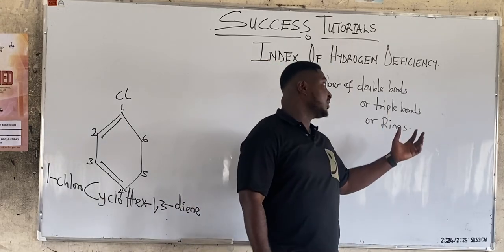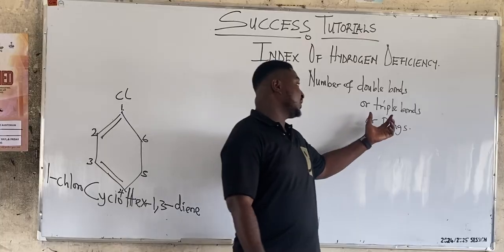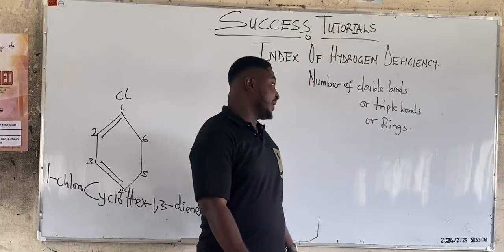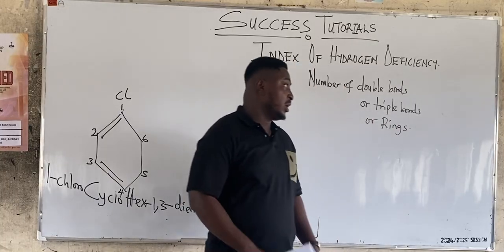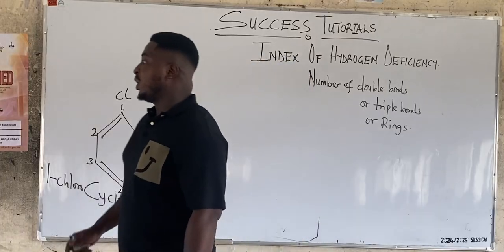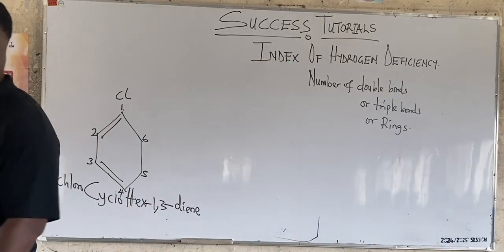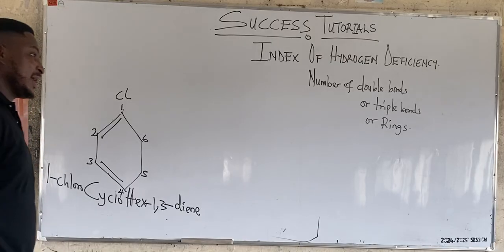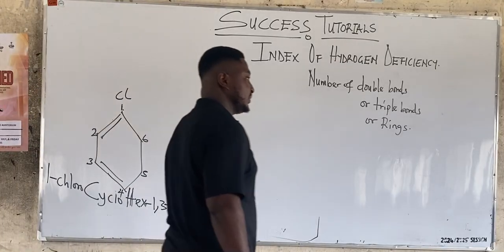Number of double bonds or triple bonds or what? Rings present in an unsaturated organic compound.